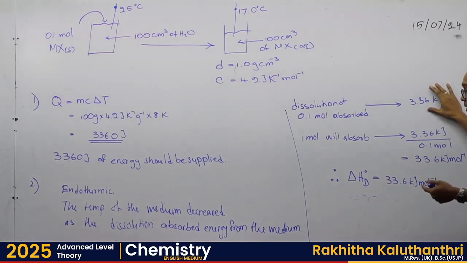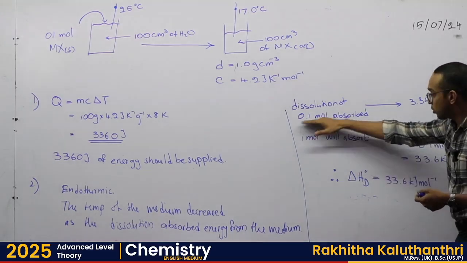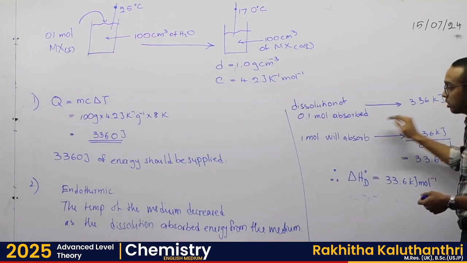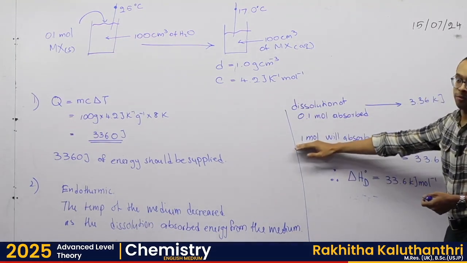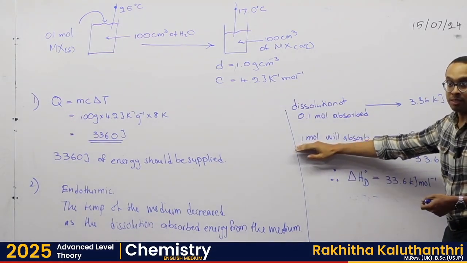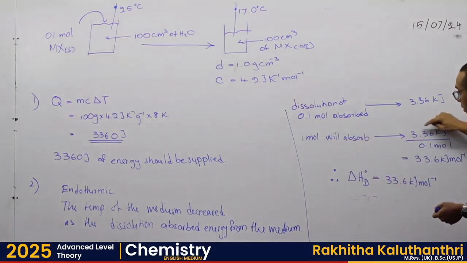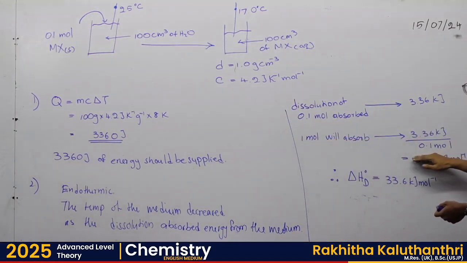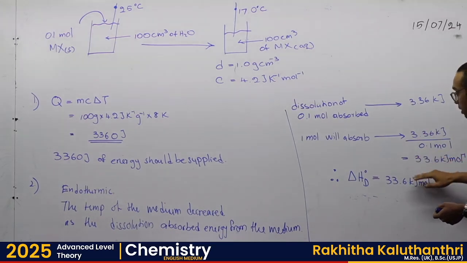It's an endothermic process. So if this much absorbs this amount of kilojoules, if we dissolved 1 mole of this substance, it would absorb 3.36 kilojoules divided by 0.1, which is 33.6 kilojoules per mole.